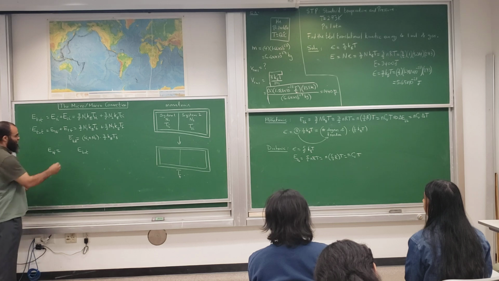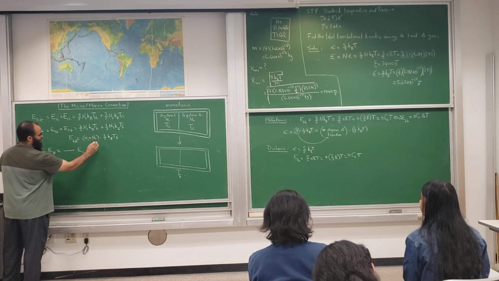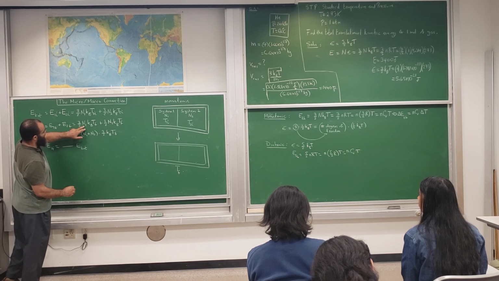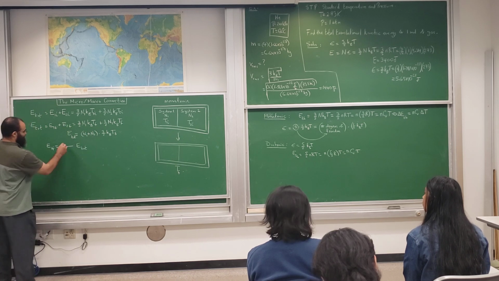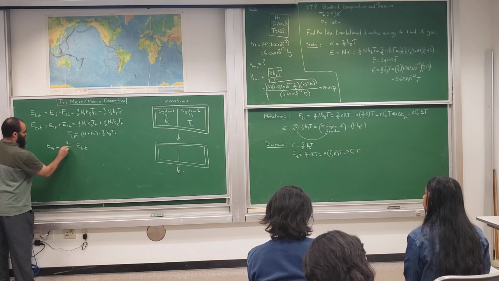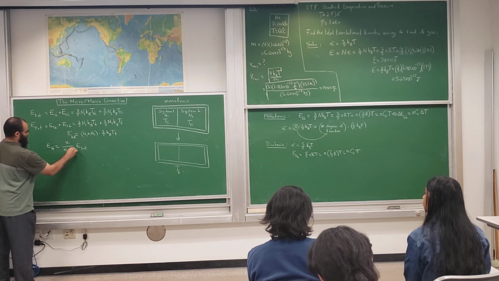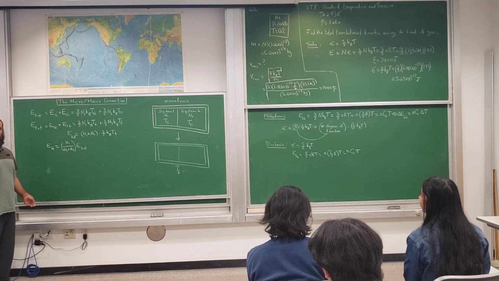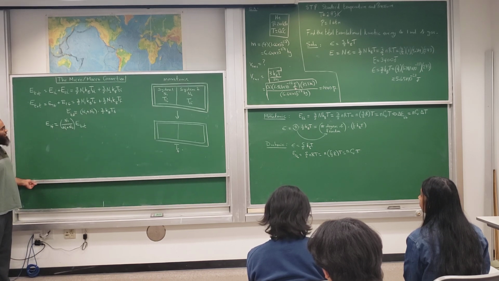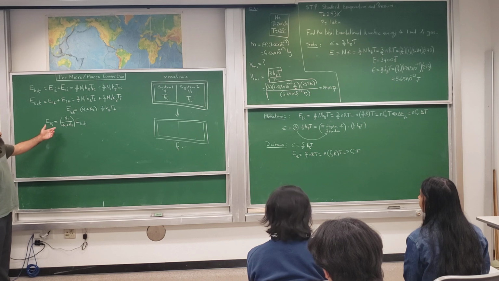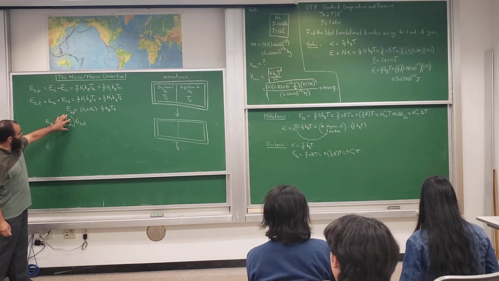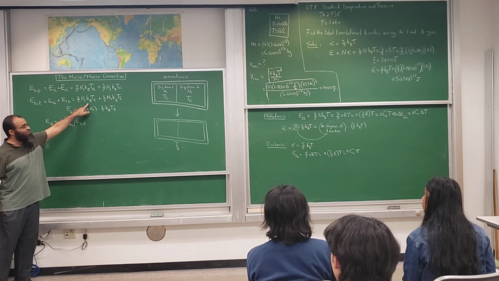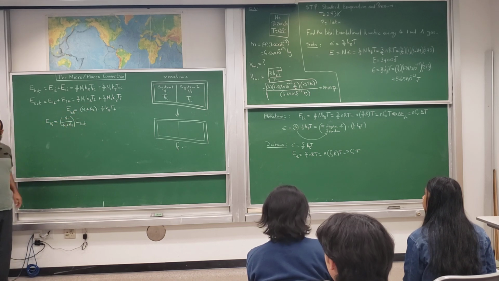N1 over N1 plus N2. Yes, so I need to divide by N1 plus N2, that disappears, and then multiply by N1 to make it look like this. So it's going to be N1 over N1 plus N2. Just algebra. If this doesn't make sense, multiply this by this expression and see what you get. You will get this expression. Just double check.